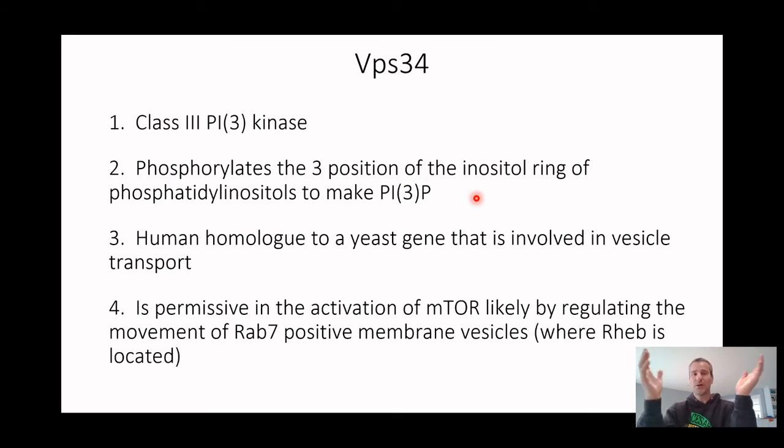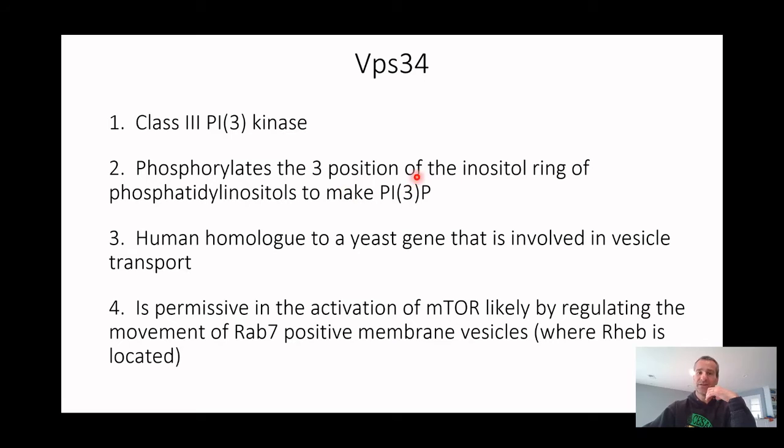All I want you to know is that VPS34 is an inositol kinase, and so it's going to phosphorylate the 3 position of the inositol. What it makes is PIP instead of PIP3. So this is just PI, and that's the 3rd position phosphate.